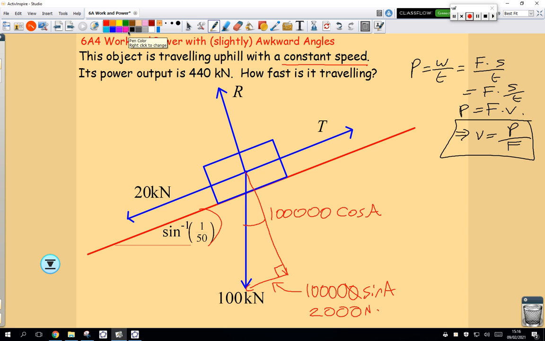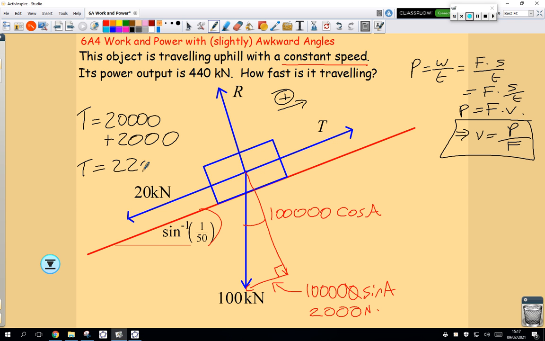So if we look at this along parallel to the plane, that T force pulling it up, that tractive force driving it up along the hill, has to equal that 20,000 force acting against it combined with this other 2,000 acting against it also. So the tractive force is going to equal 22,000 newtons. Okay, so that's my tractive force.